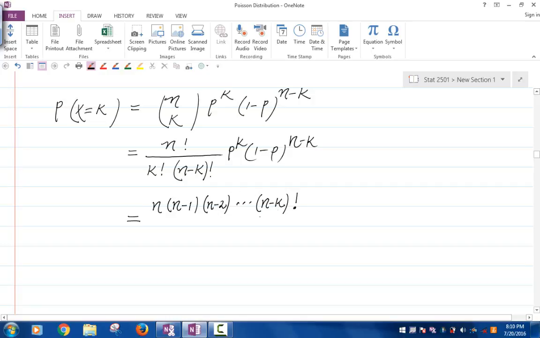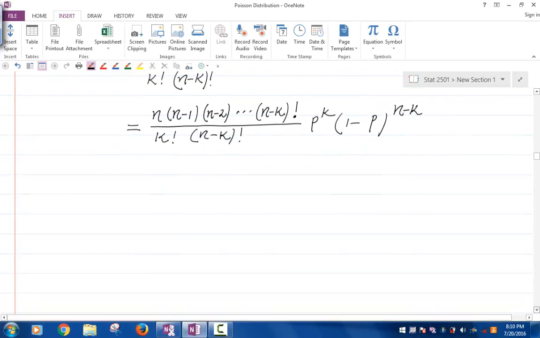So that divided by k factorial times n minus k factorial, p to the k, 1 minus p to the n minus k. Now let's cancel out n minus k factorial, n minus k factorial.